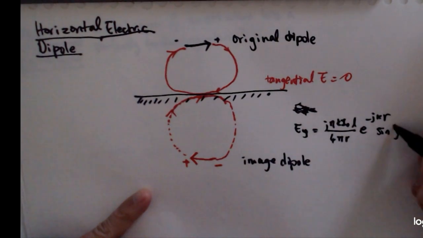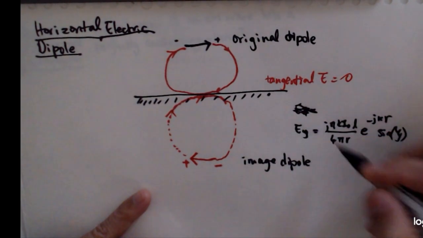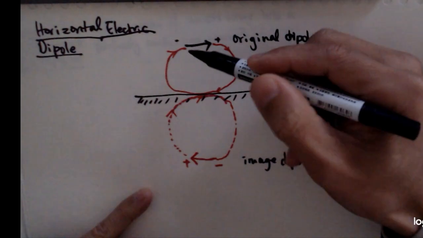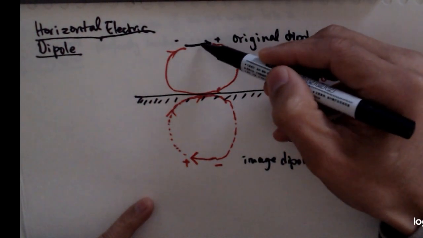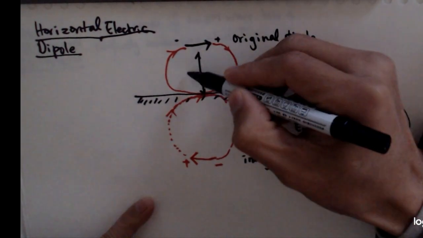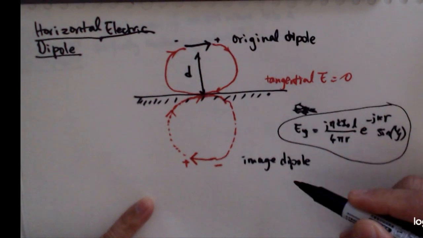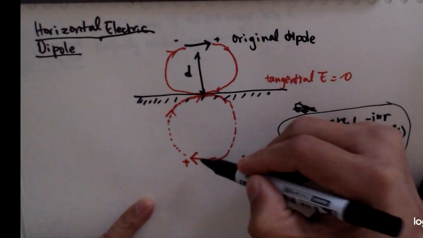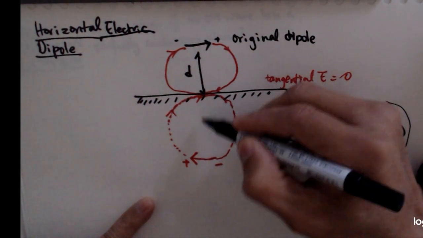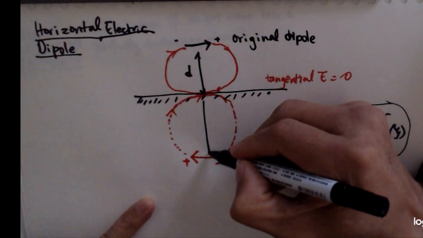Yeah. So this is the electric field. Remember, if the antenna is away from the ground at a height of d, then we expect the image antenna to have the same height underneath the ground.